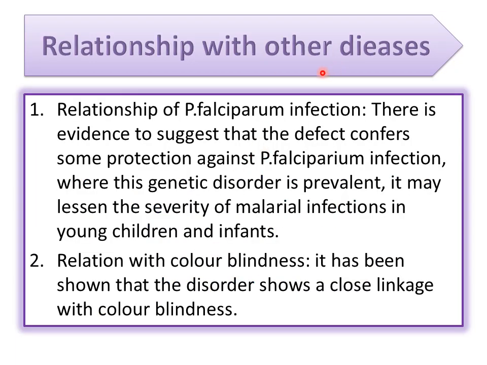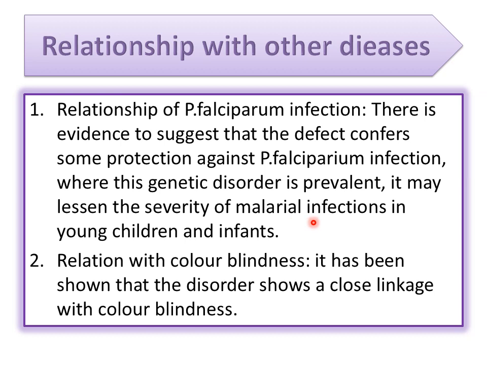Then relationship with other diseases. How is the HMP shunt related to other diseases? With Plasmodium falciparum infection, there is evidence to suggest that the defect confers some protection against Plasmodium falciparum infection. Because it is a genetic disorder and it is prevalent, it may lessen the severity of malarial infection.